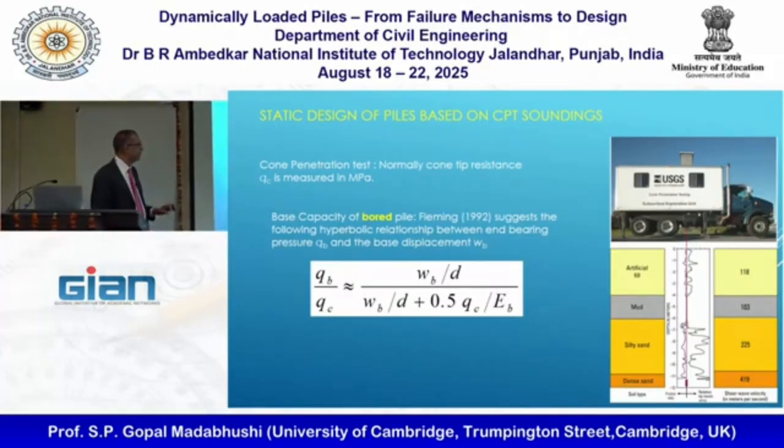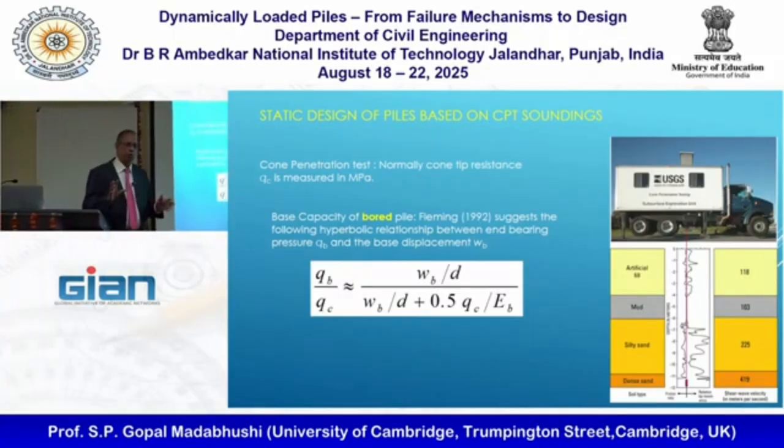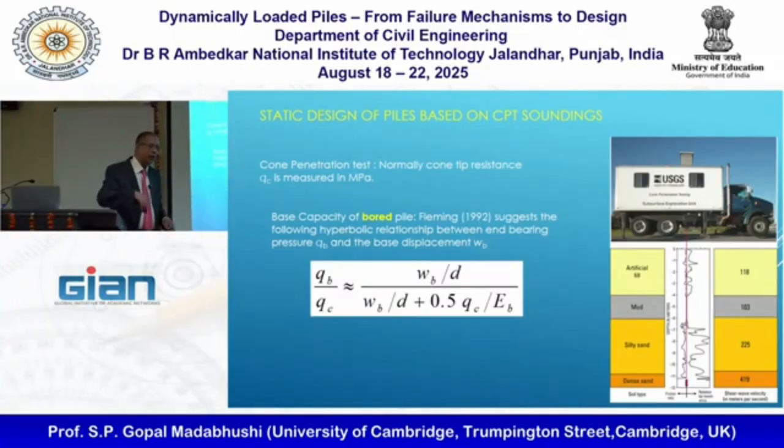So, if my pile was to be a bored pile, that is, if I'm going to make a hole in the ground, drop the reinforcement and pour concrete, then I can link the QC that I get from my CPT to the pressure, or the resistance, I'm going to get for the end bearing of the pile.